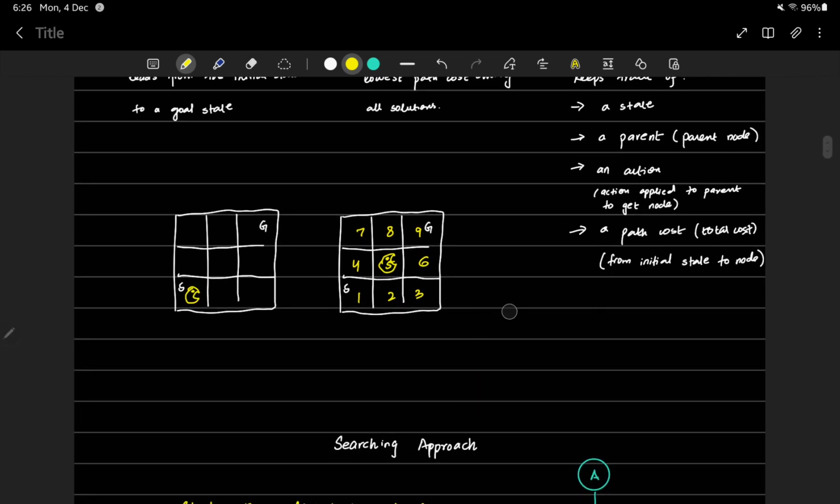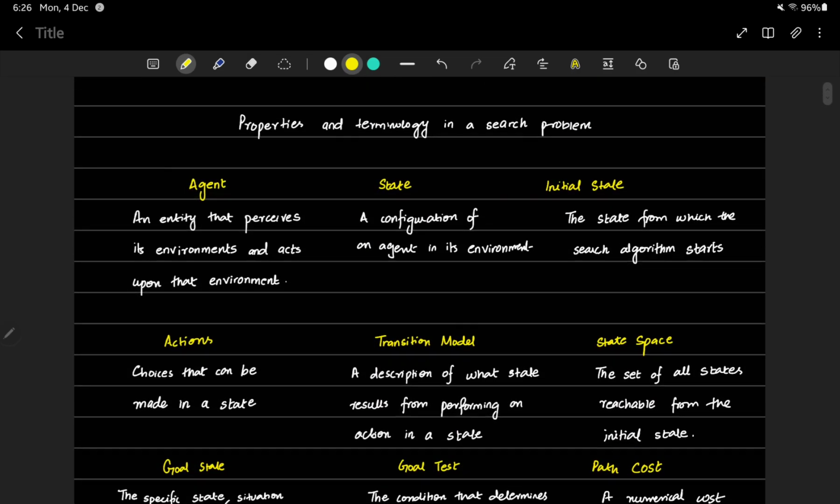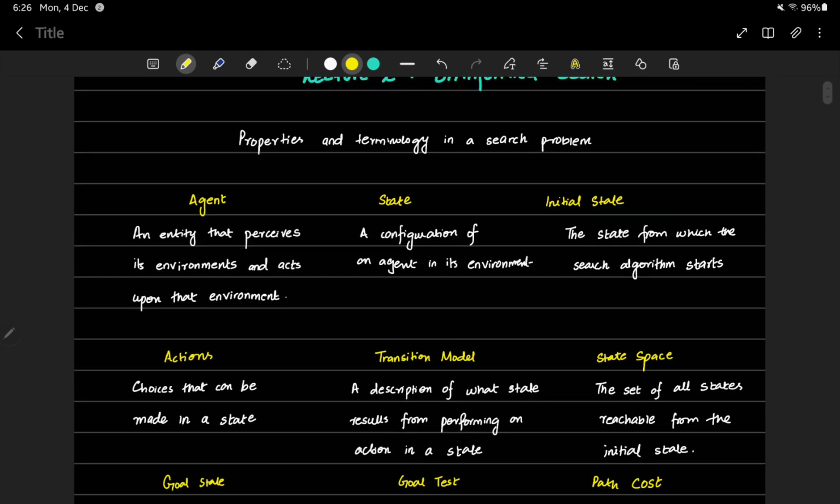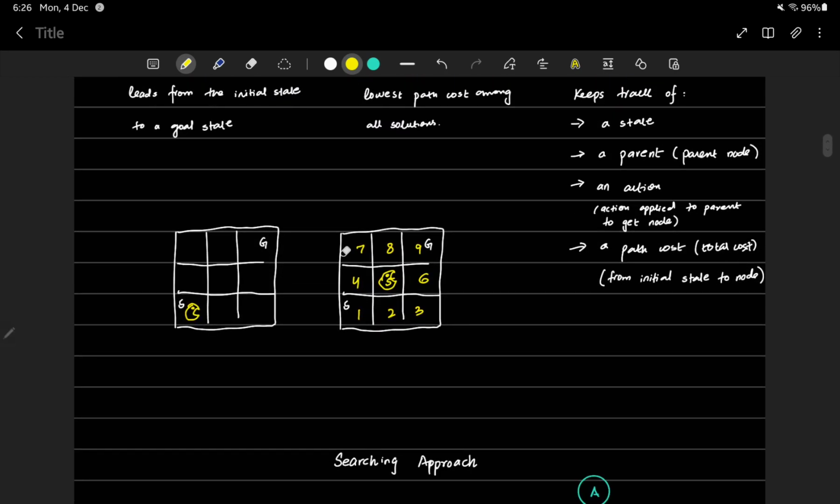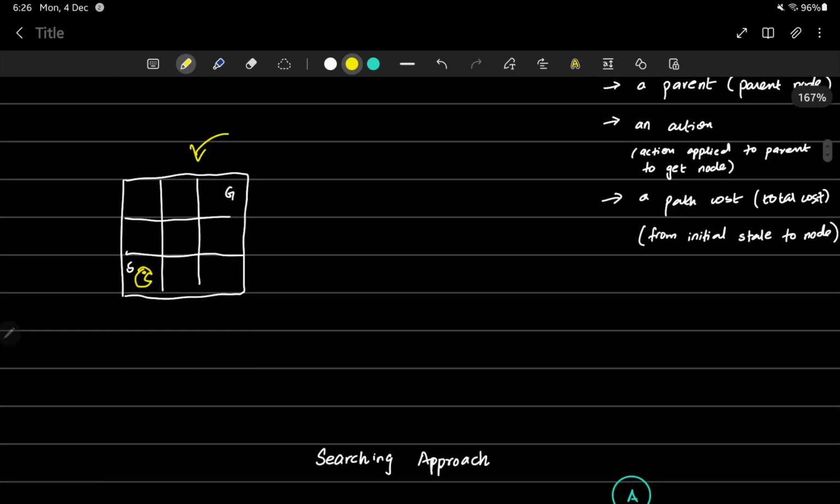That is it. Now there's another keyword, which is initial state. So initial state just means the state from which the searching algorithm starts. It's very basic. In this case, this is the initial state. Why? Because this was the starting point, right? So wherever you have your starting point and your agent is at the starting point, that specific state would be your initial state, right?